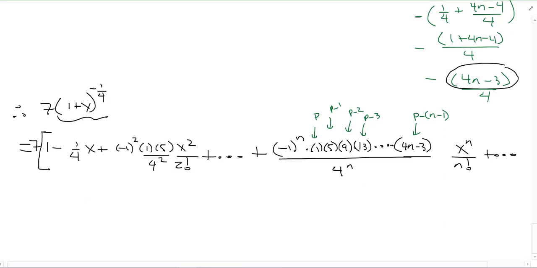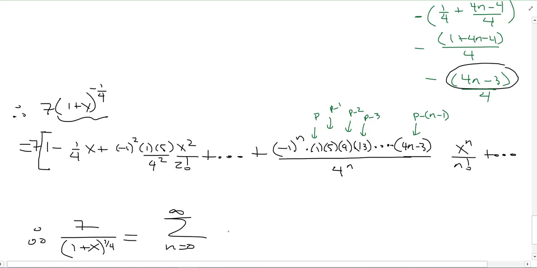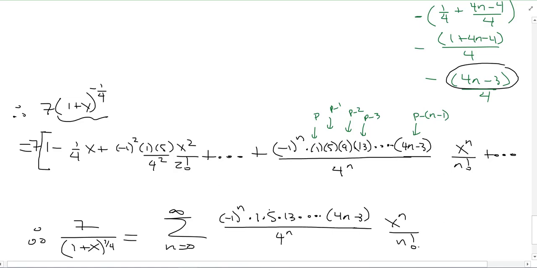So therefore, what I'm going to do in the summation notation, my function 7 over (1 plus x) to the 1/4, which is the fourth root, is equal to the summation from n equals 0 to infinity of 4 to the n over here, and then minus 1 to the n, then times 1 times 5 times 9 times dot dot dot times 4n minus 3, x to the n over n factorial.